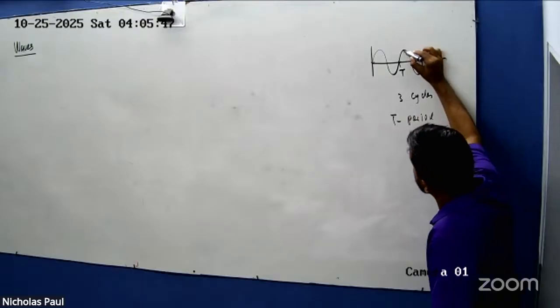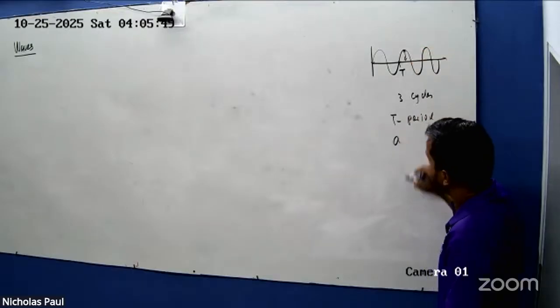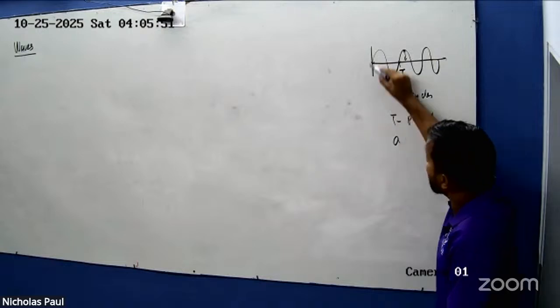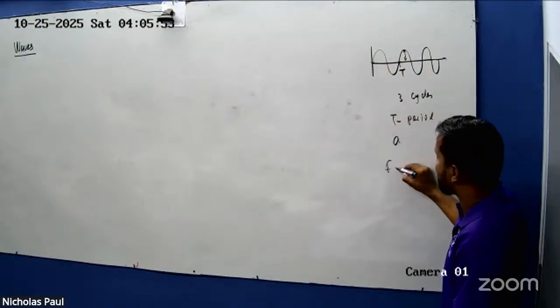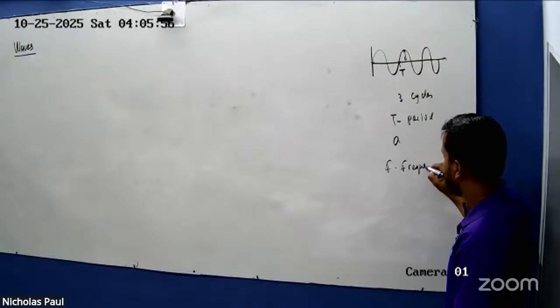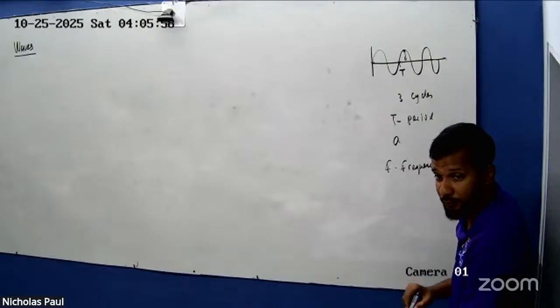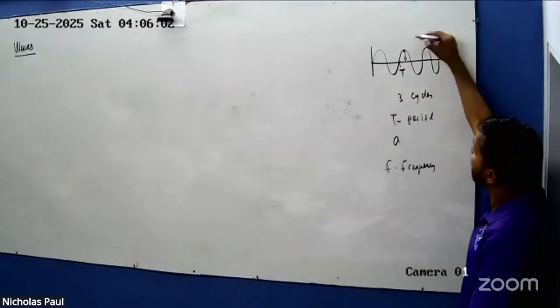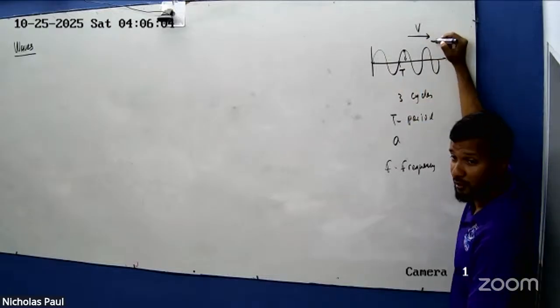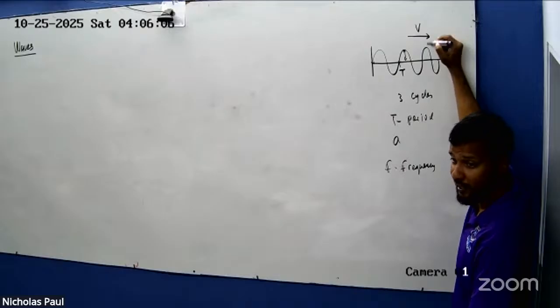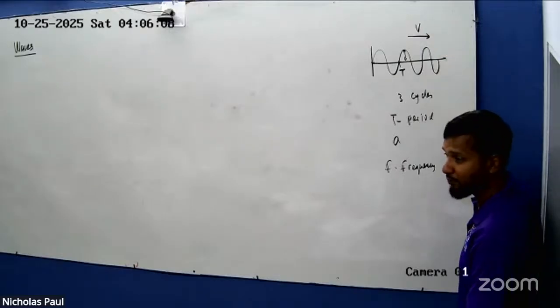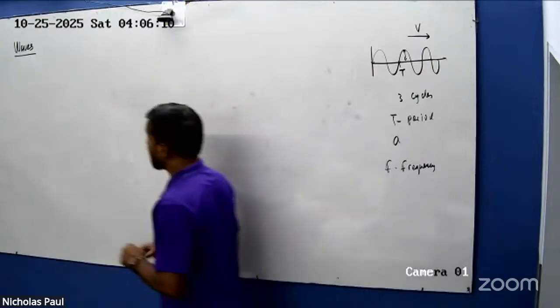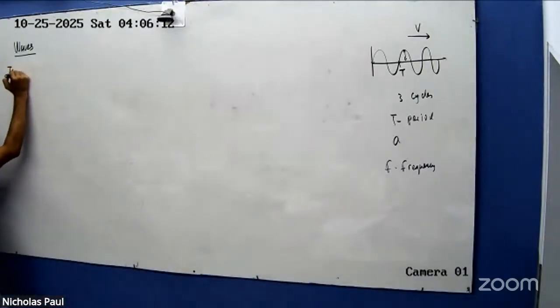The distance from here to here, we call that amplitude. And the number of these cycles that we have in a second, we call that frequency. And the wave is moving, so therefore the wave should also have a speed. I'll show you how to get the speed of that wave. All right, so heads up, types of waves.